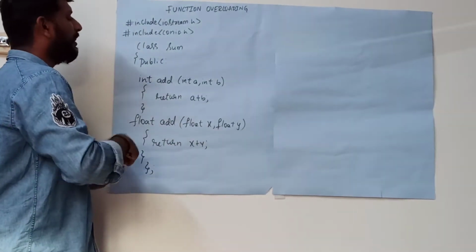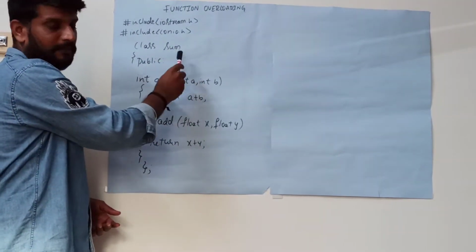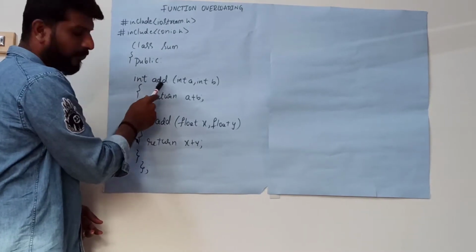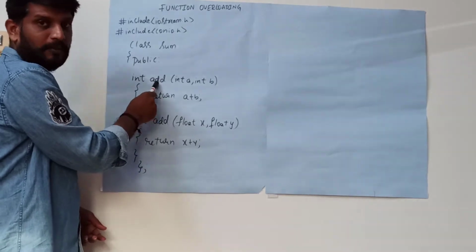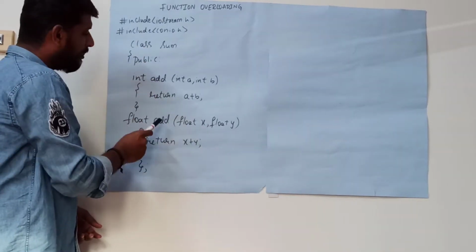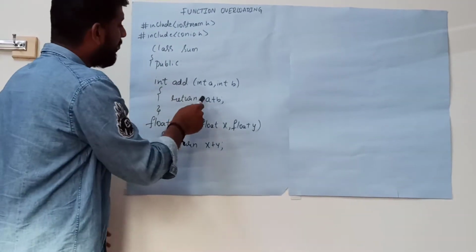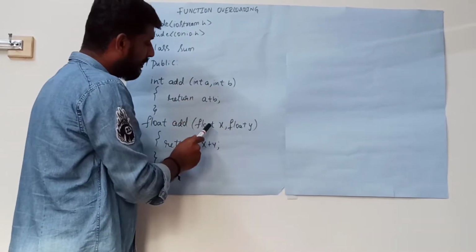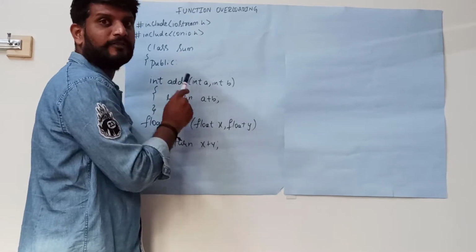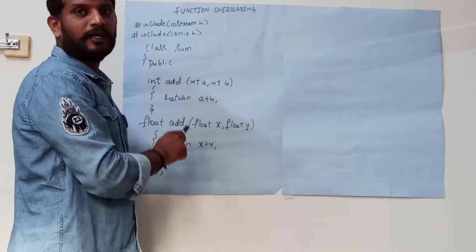So I have defined a class named sum consisting of two functions having the same name. Here the name of the function is add, and here also the name of the function is add, but in the first case the type of argument is integer, whereas in the second case the type of argument is float. This is called function overloading.